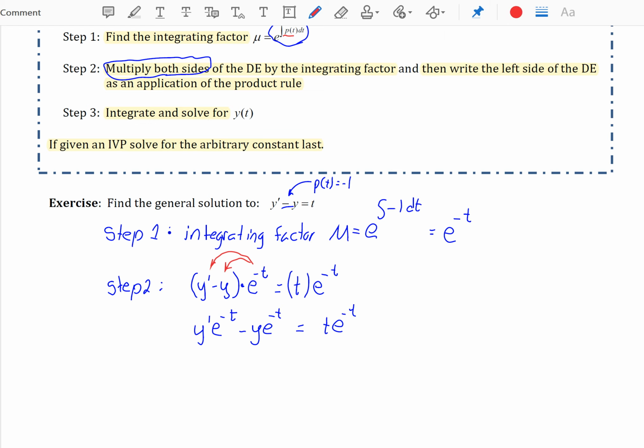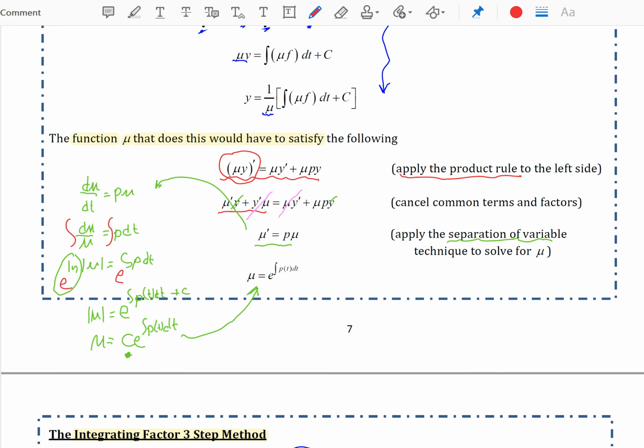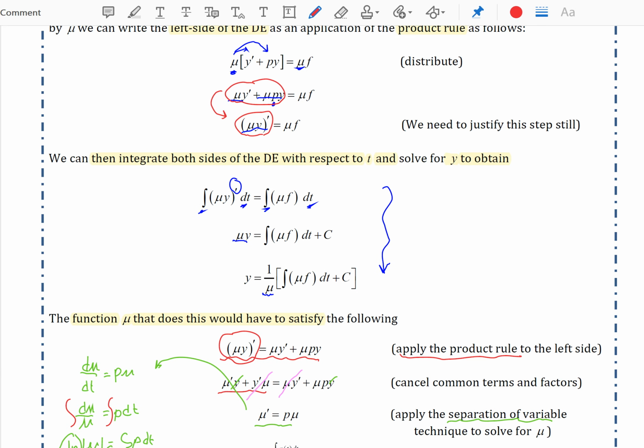Now remember, this integrating factor is supposed to have the property that it allows us to rewrite the left-hand side as an application of the product rule. Now, we can put a lot of thought into this each time, but what you could recognize as a shortcut, let me go back to our previous example, is that it's always going to be equal to the integrating factor times your original y.